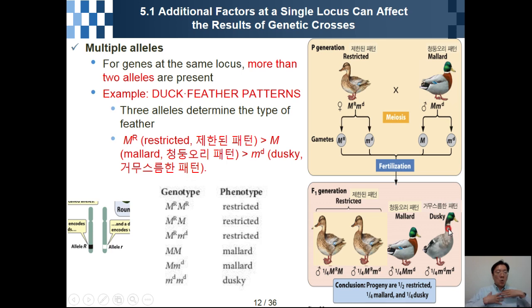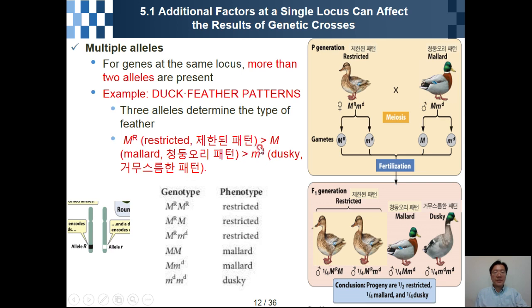It is nearly similar to mallard, but they don't have the brown in the upper front side. They don't have the brown color. So this is dusky. But once again, large MR is dominant over large M, and M is dominant over small md.